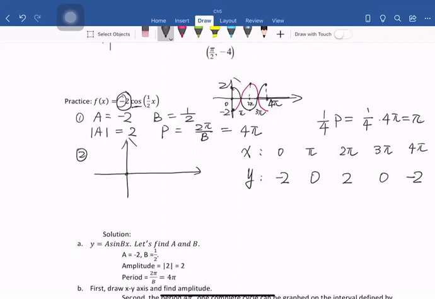So I can plot 0, pi, 2 pi, 3 pi, 4 pi, with y values -2, 0, 2, 0, -2. So line them up. So I got this graph.